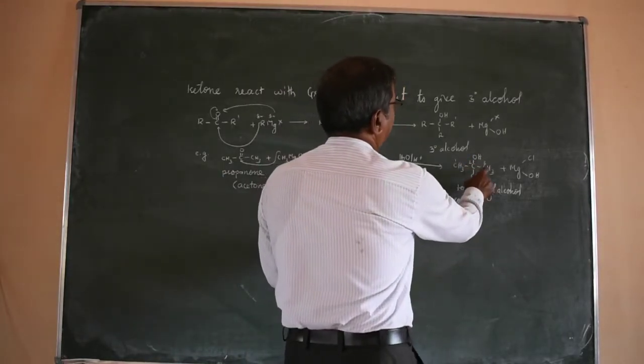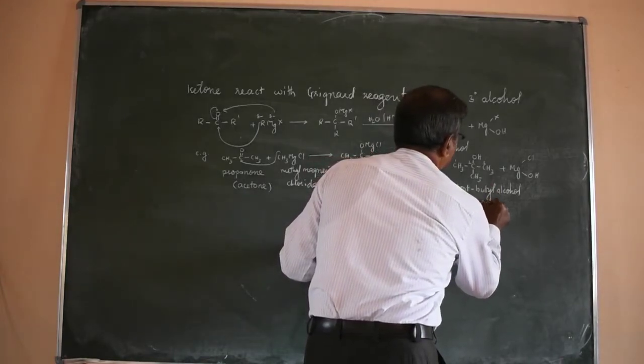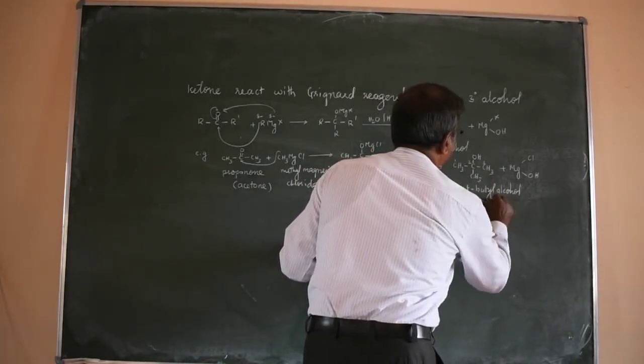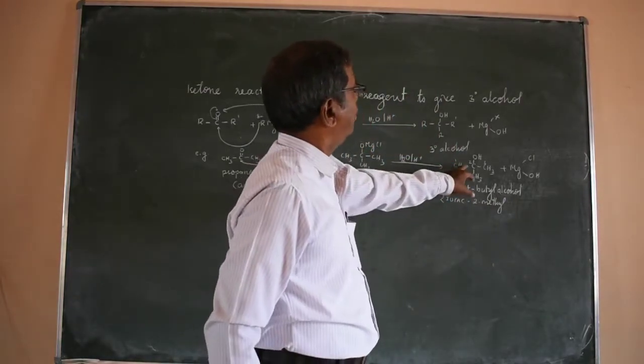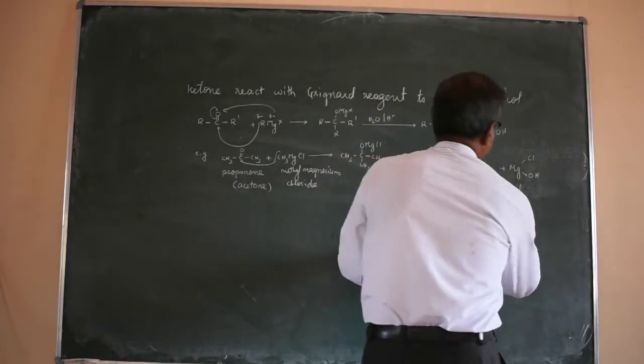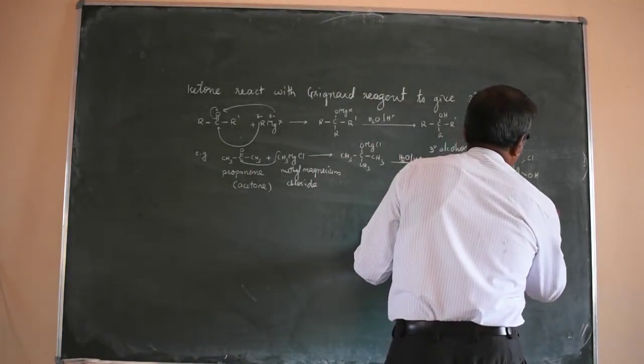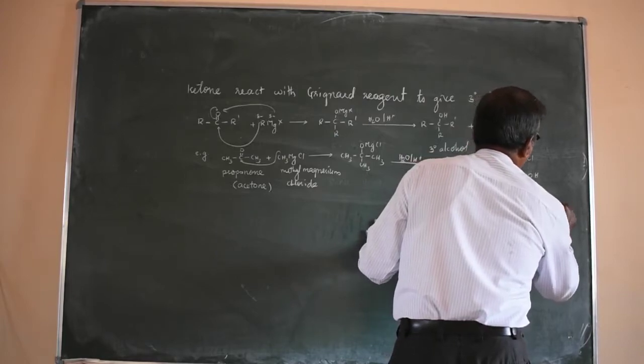On the second carbon we have the substituent methyl, 2-methyl. Afterwards, the total number of carbon atoms in the long chain is 3. So it is propan-2-ol, on the second carbon we have OH.